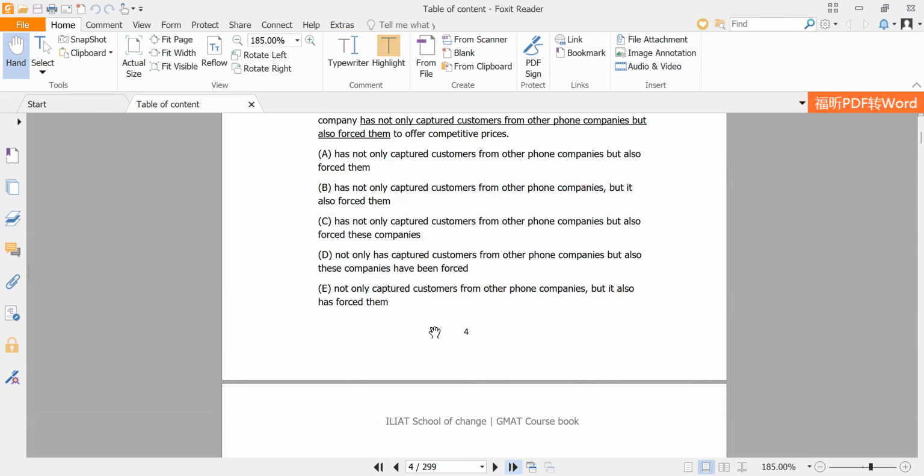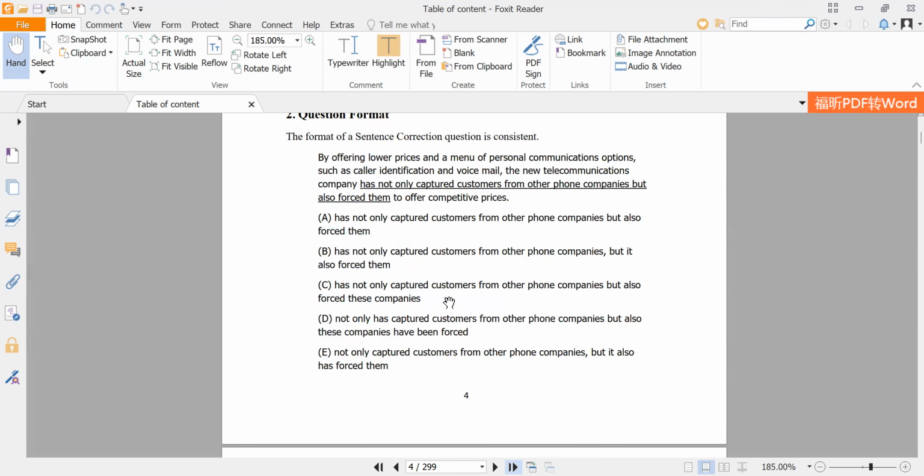So the general approach for sentence correction is to read through the original sentence and identify the main subject and verb, because that is critical for understanding the meaning that the author is trying to express.